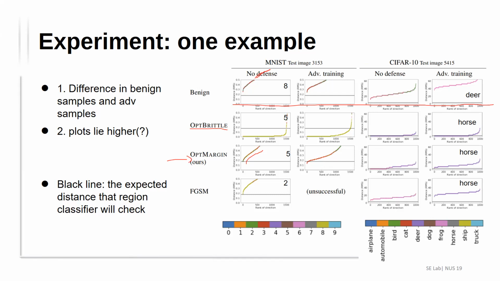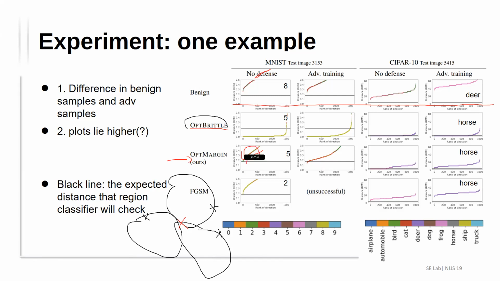So when we do the visualization, for opt-brittle and FGSM it will generate a boundary like this way, but for the opt margin, it may generate in this region. Is that true? Might be. You can see the boundary is kind of mixed here.